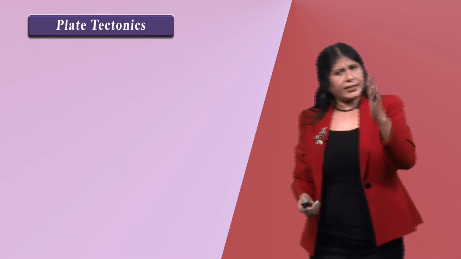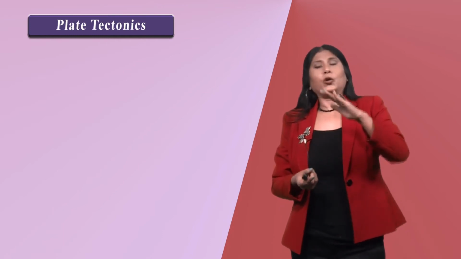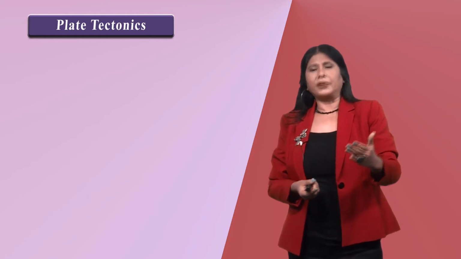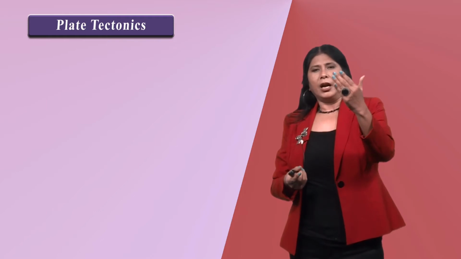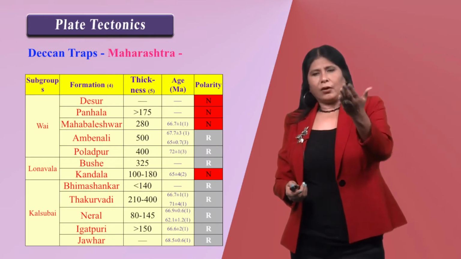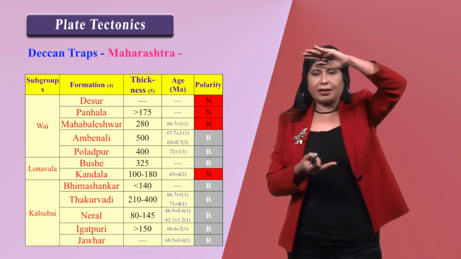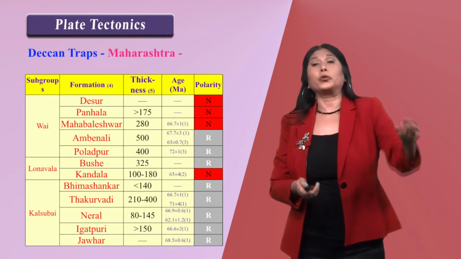The same record is there on the land also, but on the land, the record is not very long, just about 100 million years. But here in Wai, or in Lonavala or in Kalsubai, the basalt that is there in Maharashtra has also recorded this.